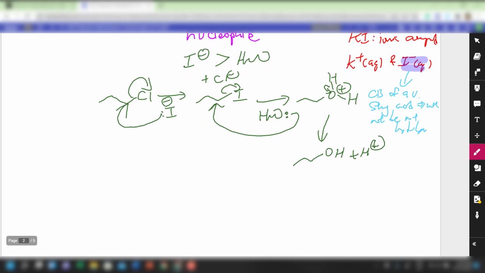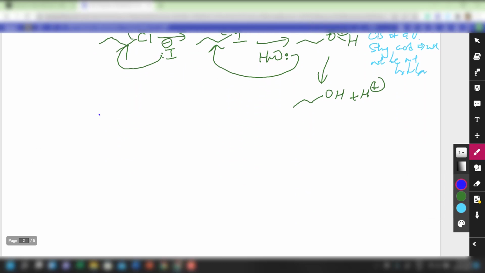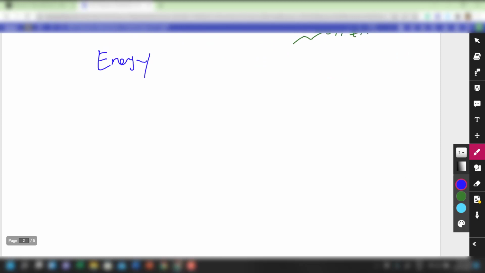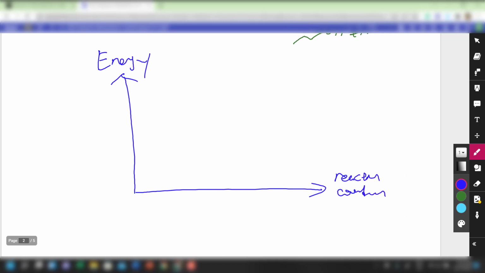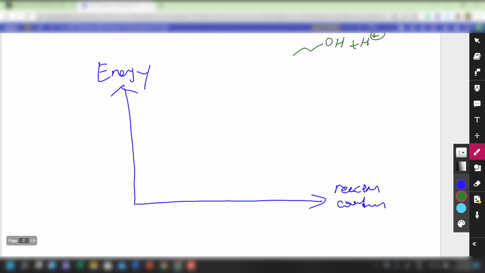Okay, so if I attempt to draw the energy profile diagram, I think it will be much clearer to you. So in the energy profile diagram, we have energy here, and then we have reaction coordinates. Let's say in our case here, we have a good leaving group. I just put LG as a leaving group.